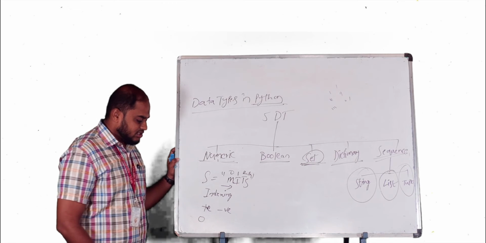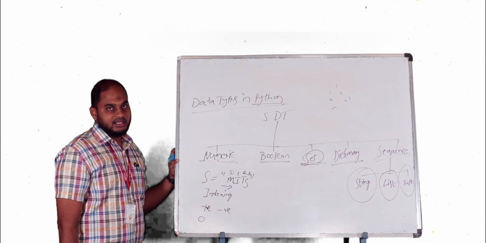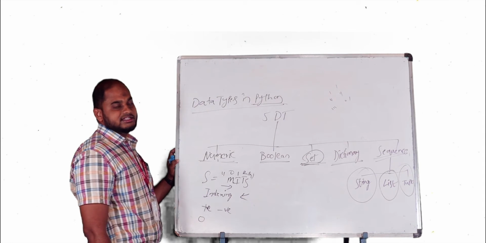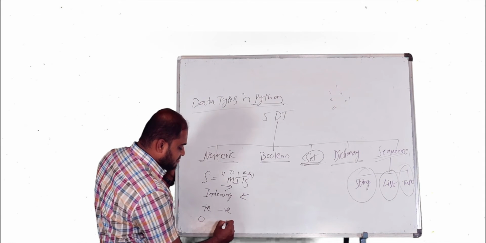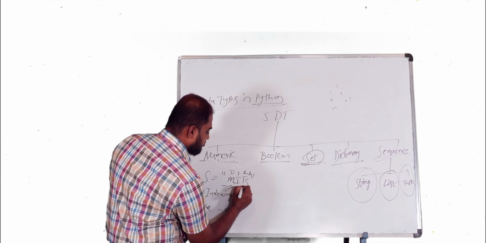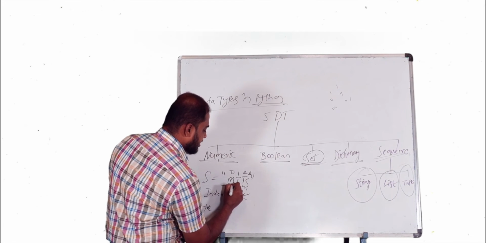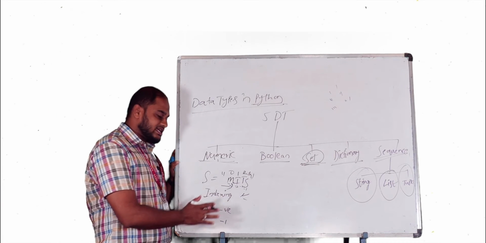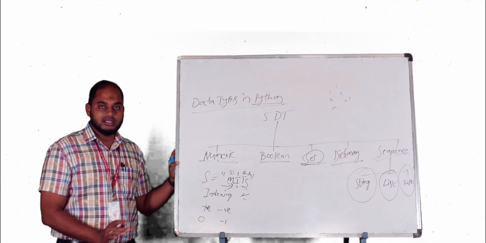Whereas negative indexing starts from the back side, and it starts with a negative value, that is -1, so -1, -2, -3, -4. This is how positive indexing as well as negative indexing can be done in Python programming in strings.